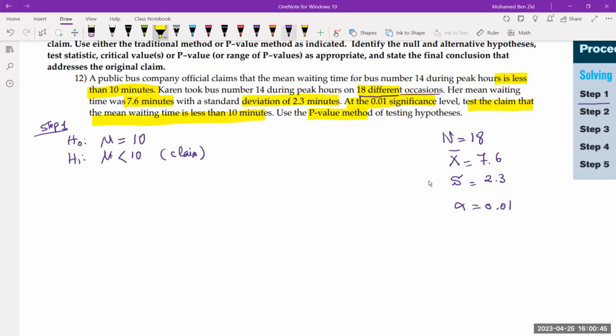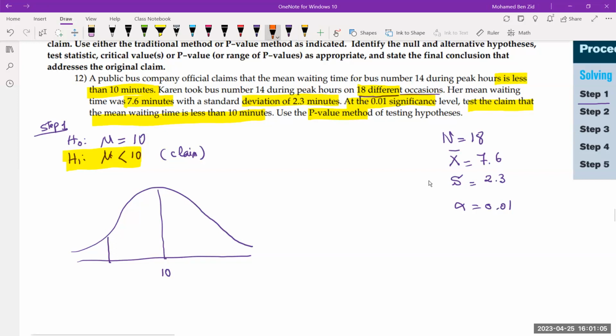So once you get step 1, you want to graph it. What you're graphing here is H1, and this is basically 10 in the middle. You are less than 10, so the tail is going to be this side. So always you graph H1, right? And the totality of the alpha, which is 0.01, is going to be here, and this is going to be your cutoff at this point. This point here is going to be the T critical.